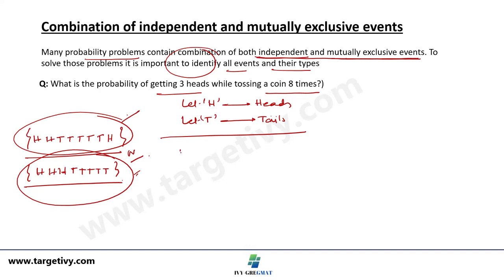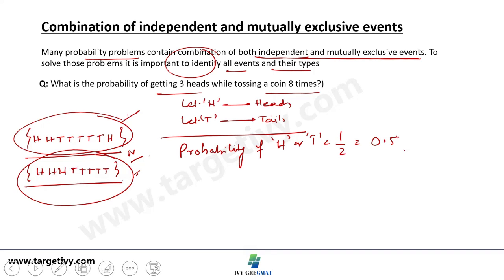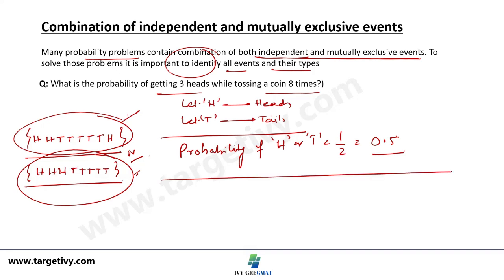The probability of head or tail is 1 by 2, which is equal to 0.5. So hence, to draw the total possibility for an event occurring 8 times, we'll use a simple formula where we take into consideration the selection of certain objects.